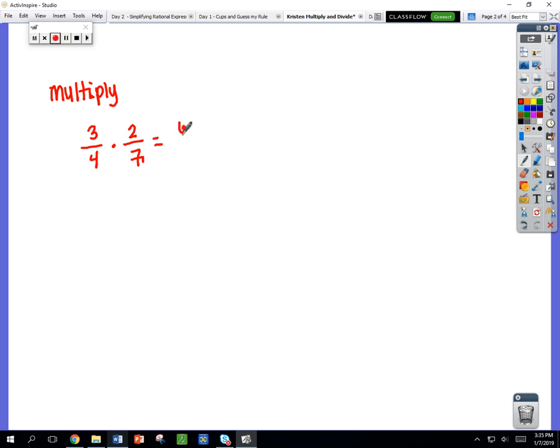I would get 6 over 28, and then if I can, I simplify that, and I can, they're both even, so I end up with 3 over 14. That's how you multiply fractions. You multiply straight across. So let's just stick with multiplying fractions for now.